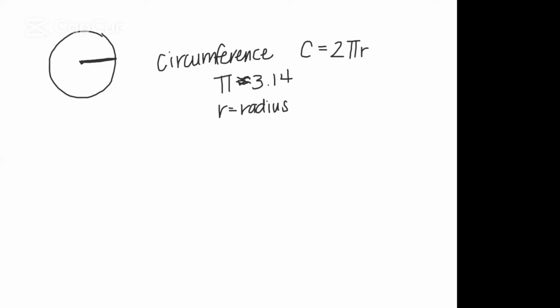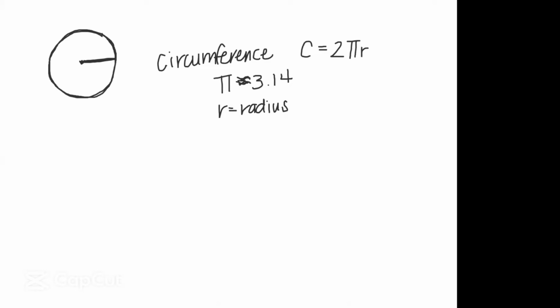Now, what exactly is circumference? Do you all know what a perimeter is? It's the measure of the outside. Circumference is the same thing for circles. If we were to take a string and go all around it, and then measure that string, that would give us the circumference.